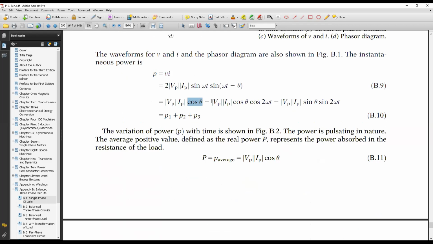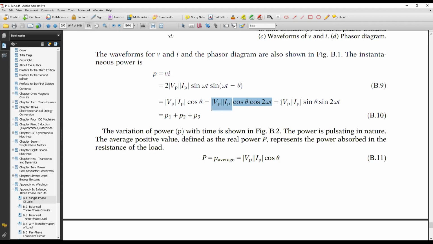The second term is VP IP as a function of cosine theta as well, so it's related to active power. However, it's multiplied by cosine 2 omega t, which is double the supply frequency. So the average value of this part, P2, will be 0.